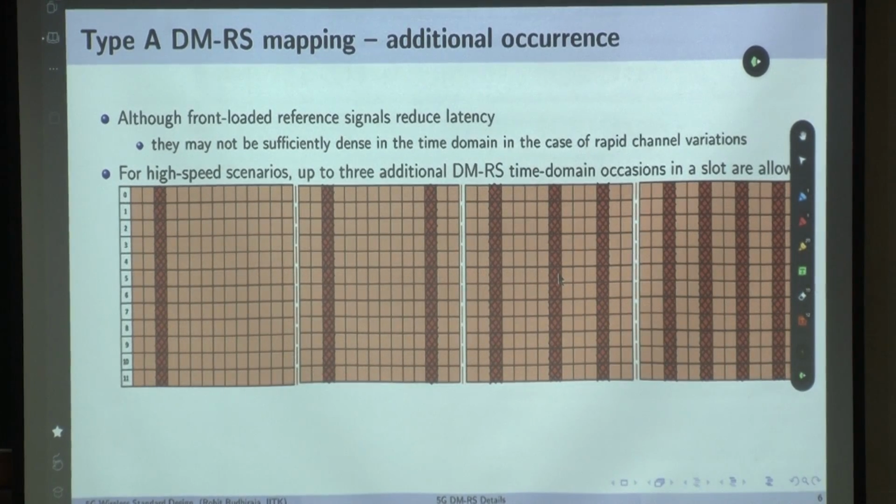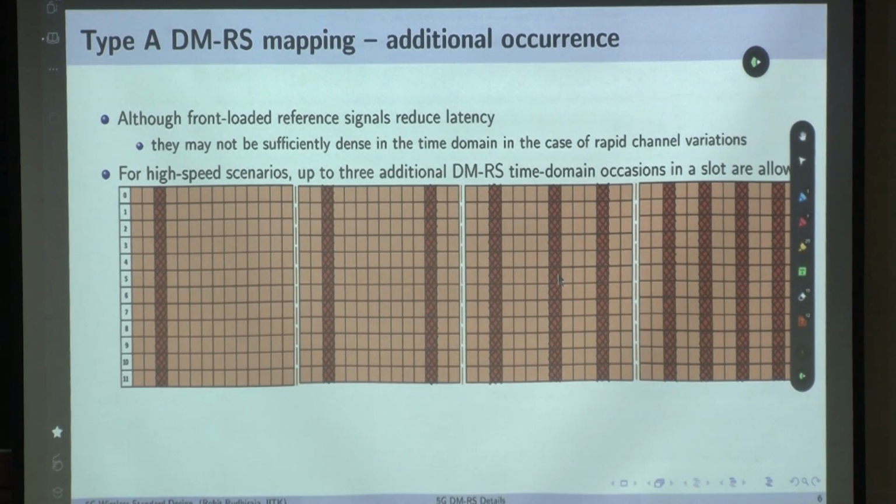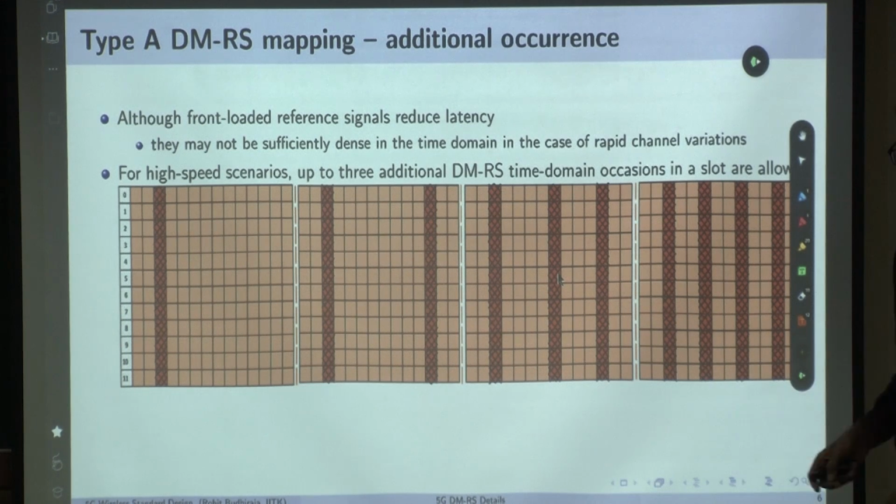So this is 1 additional location. What you should read here is that up to 3 additional DMRS time domain occasions in a slot are allowed. This is the basic one, which will always be transmitted, and this is 1 additional DMRS occasion. What happens here?